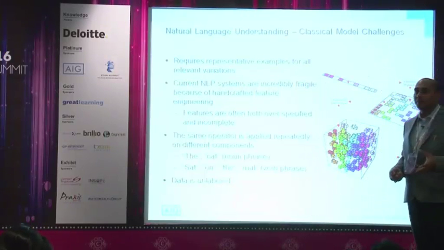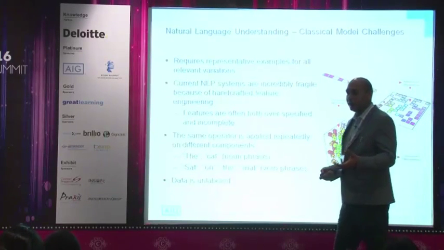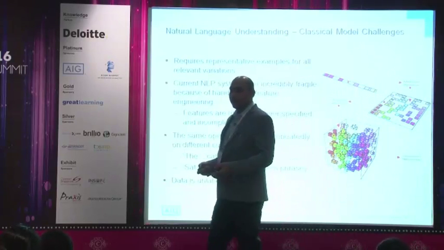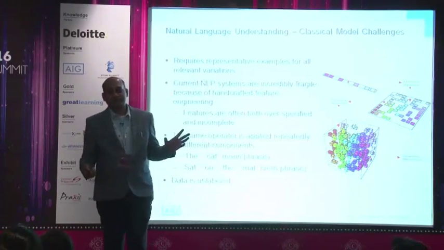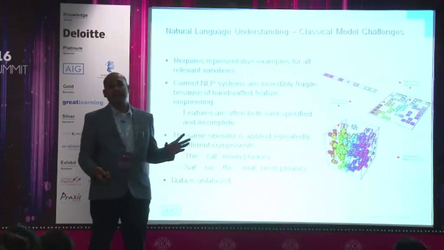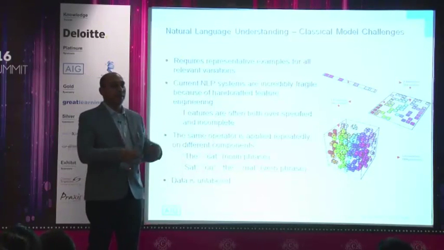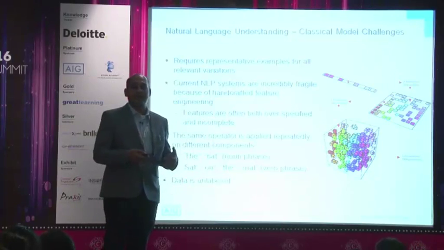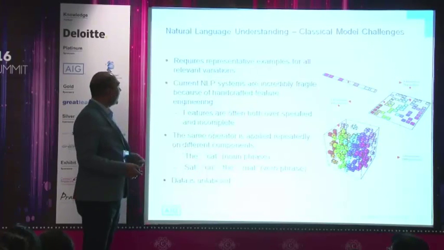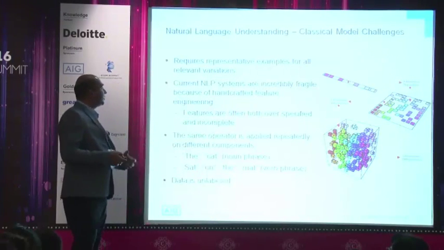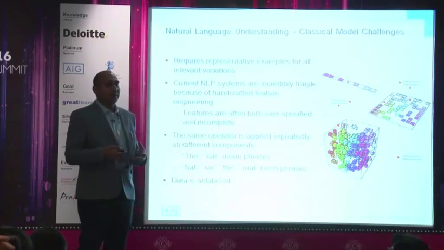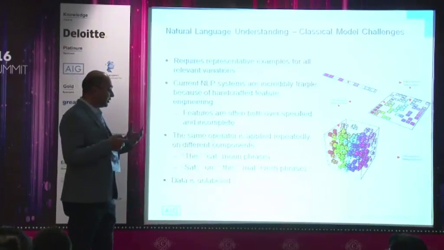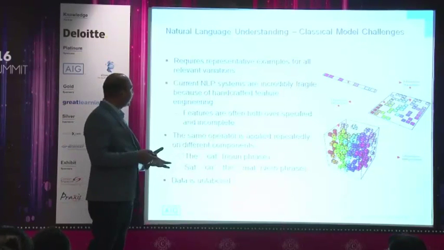However, the moment you put in another dimension, then you have to look into creating 100 representative samples, and then for the third dimension you want 1,000 training samples, and at some point you run out of representative examples which explain the relevant variations, right?